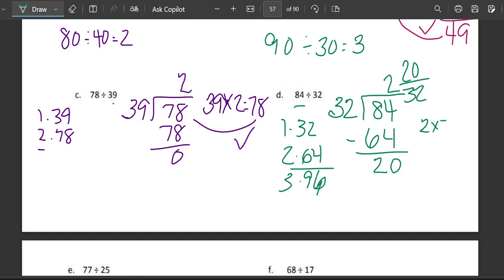Two times 32 is 64 plus 20 is 84. Nice. That checks.